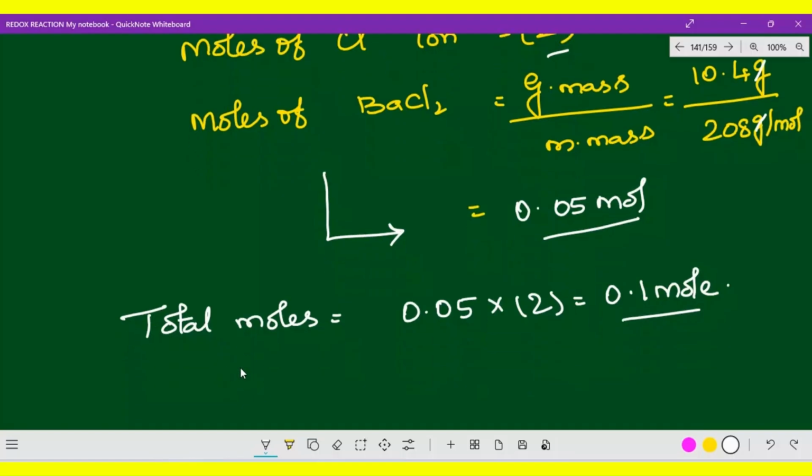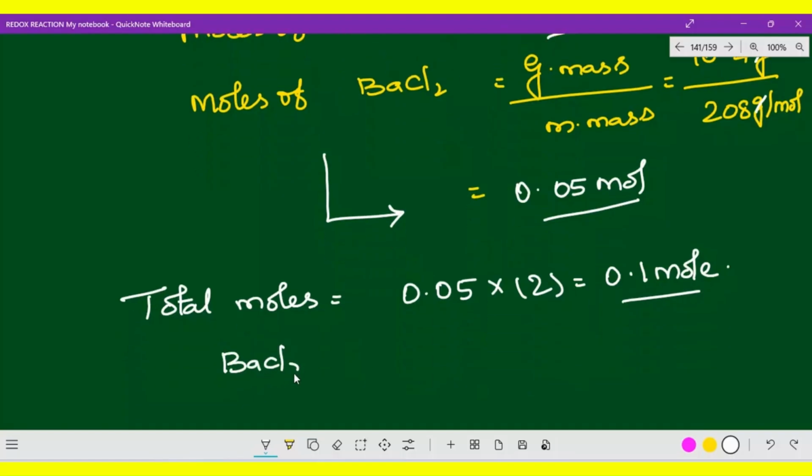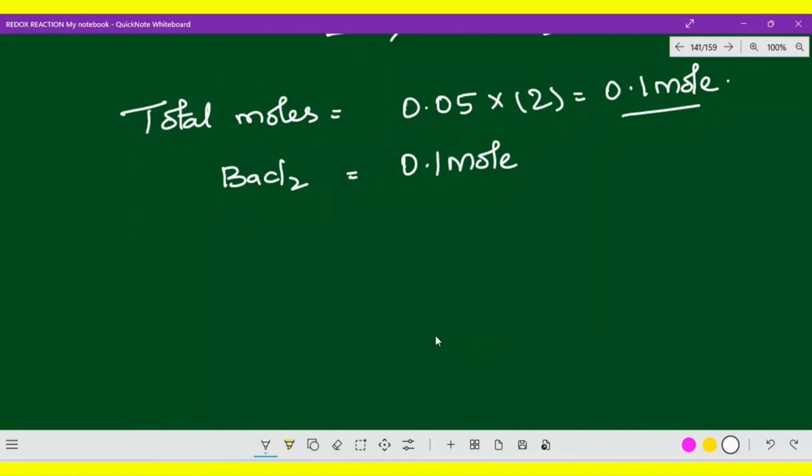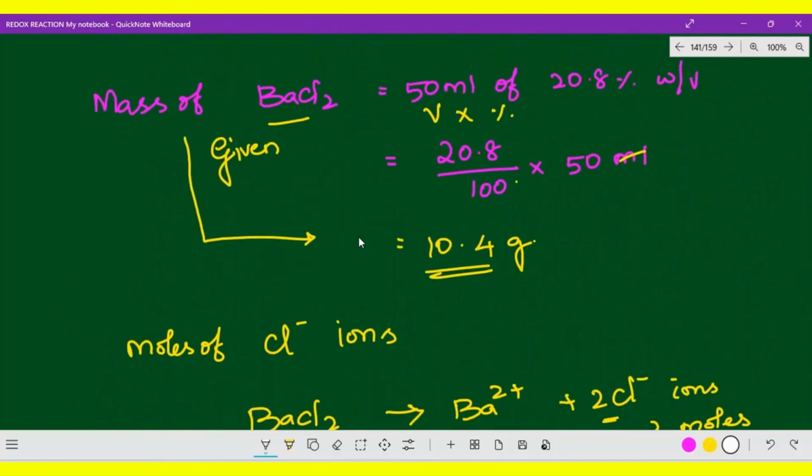So total moles of Cl minus is 0.1 mole. See how the questions and answers go around. But you have to be thorough, and it will be easy to understand if we explain completely. Now we have to identify the total volume. First it is 50 ml of BaCl2, I am just bringing the question.